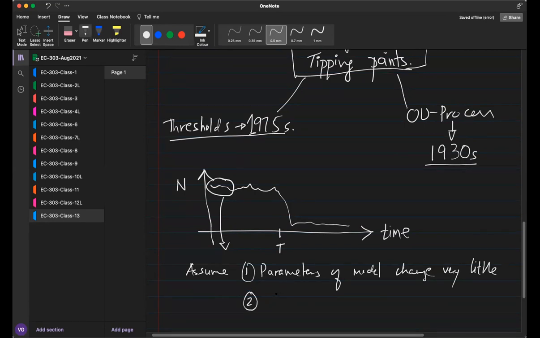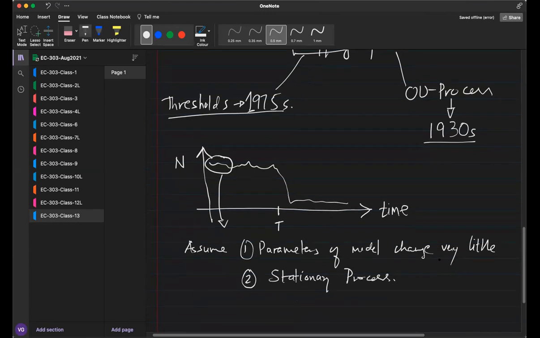And then we assume that it's a stationary process. Because it is changing so little, we assume a stationary process in this window. So what is the meaning of a stationary process? Any stochastic process with temporally stable properties. For example, the mean, variance, and correlations don't change in this window.